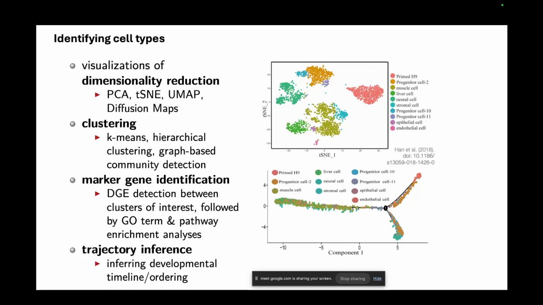So we do different types of clustering techniques: PCA, TSNE, UMAP, and so on. After clustering, you'll have all these clusters. Now how do you identify that a particular cluster is actually a particular cell type? For certain cell types, certain genes will be overexpressed or underexpressed. Some genes will act as markers for particular cell types.